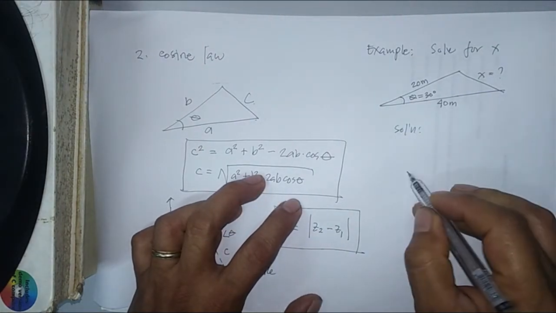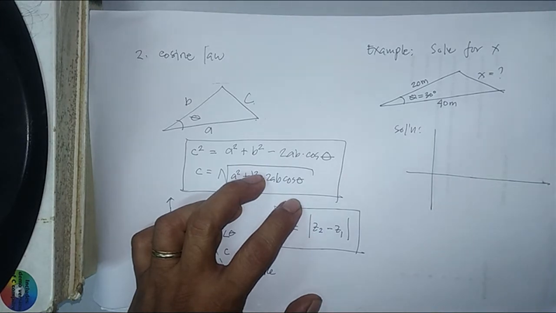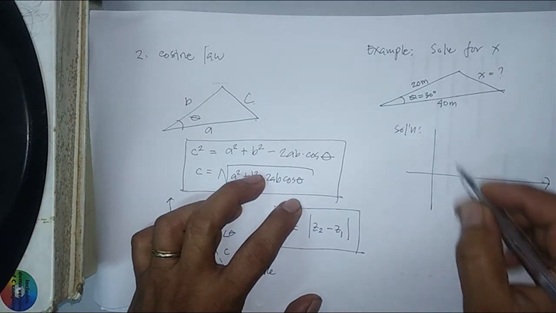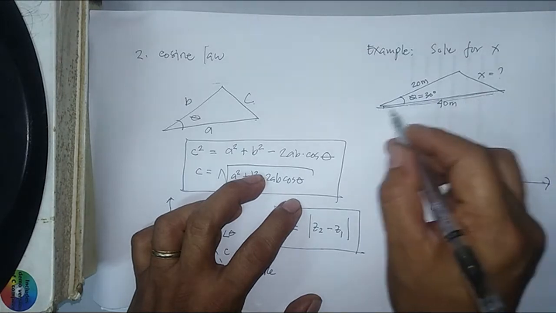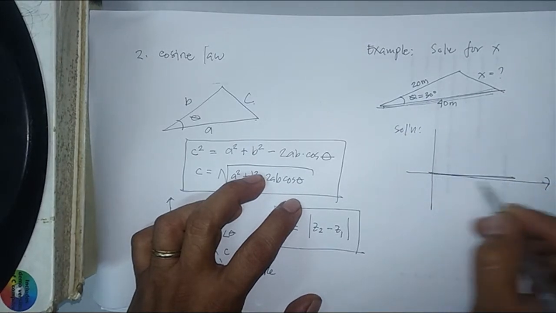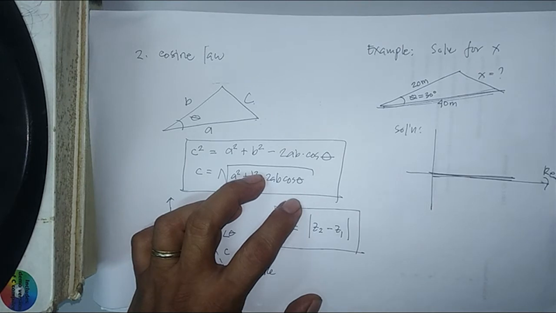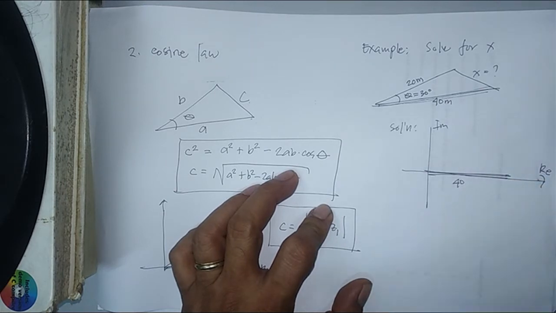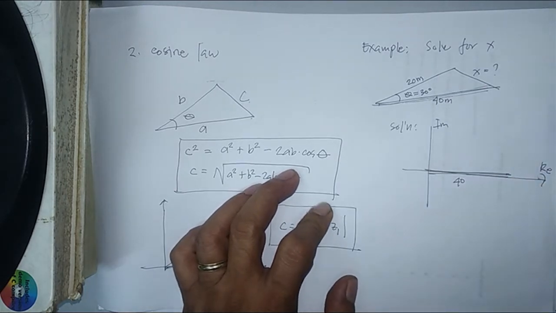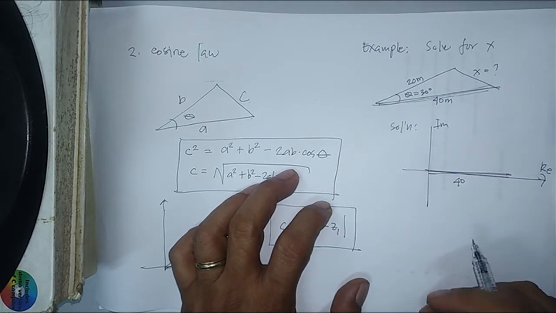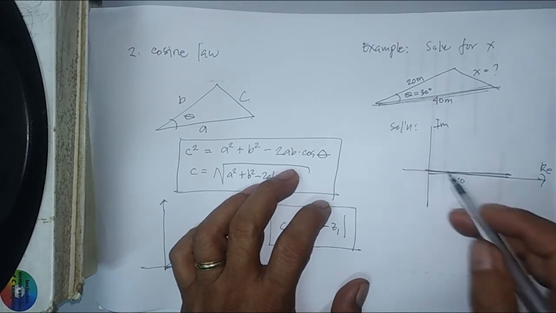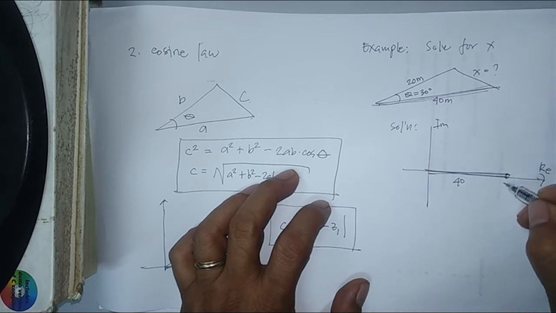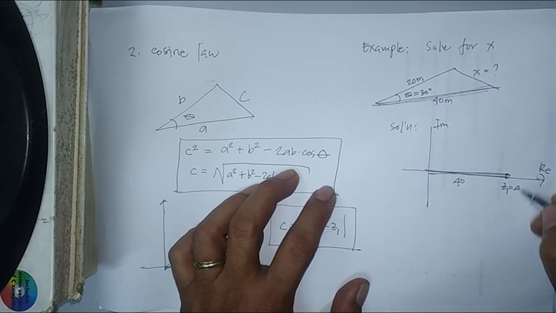Your solution is to draw the triangle in your Argand diagram axis. I will draw this side along the real axis. This is my real axis and this is my imaginary axis. The real side is 40 meters. I will remove the unit now and put it back later for the final answer. So this is 40, and I will label it Z1, which is equal to 40 angle of 0 degrees.